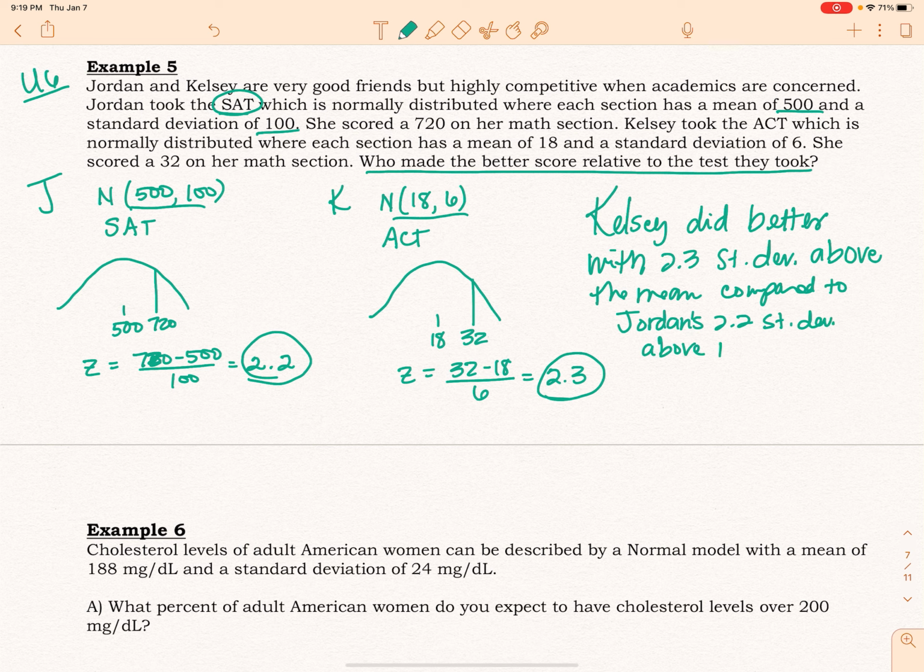And there's a million different ways you can write this answer, as long as you incorporate the idea that Kelsey's standard deviations are more than Jordan's standard deviations. Okay? Easy peasy lemon squeezy.